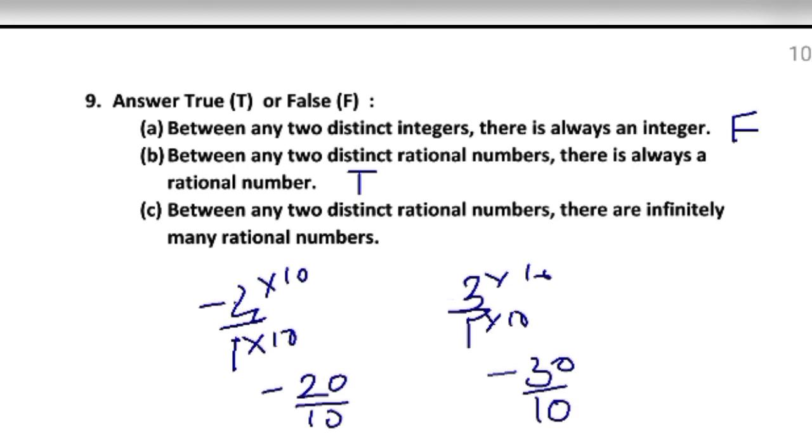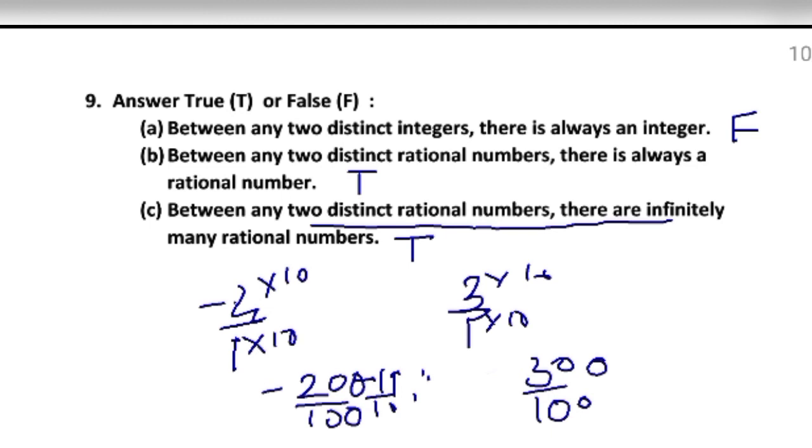In this case, you have minus 19 upon 10, then minus 18 upon 10, minus 17 upon 10, minus 16 upon 10, 0 upon 10 and so on. So many rational numbers we have. If we multiply by 100, we get so many more rational numbers between them. Okay, so between two distinct rational numbers, there are infinitely many rational numbers. This is true.